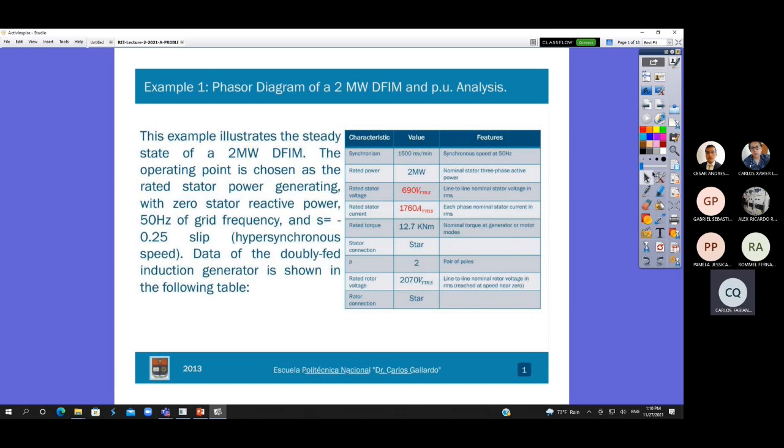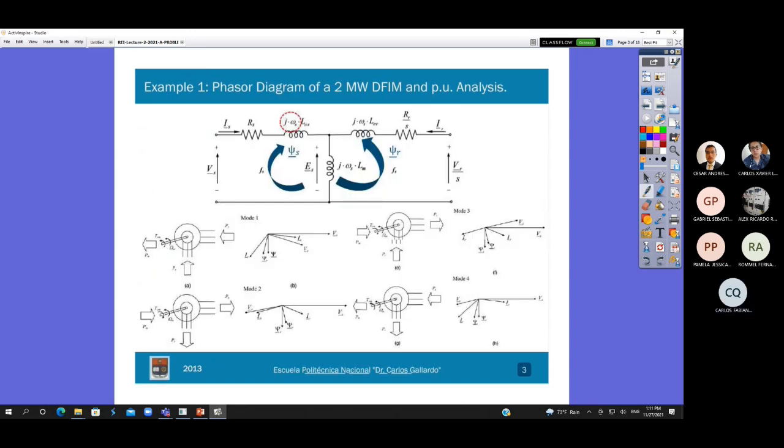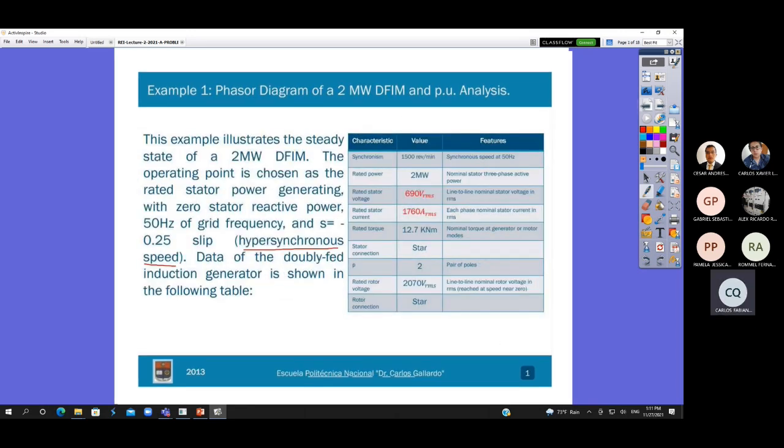So the machine is operating at this power. But pay attention, it is hypersynchronous speed. In this case, the operating point is chosen as the rated stator power generating. So therefore I will have here the stator active power equal to negative 2 megawatts, because I am operating at hypersynchronous speed.